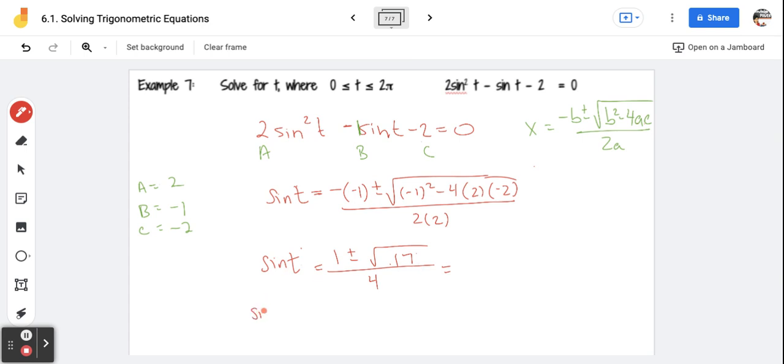The sine of t equals 1 plus the square root of 17 over 4, which is 1.28. And then the other option is the sine of t can be 1 minus the square root of 17, and then divide that by 4. We get negative 0.78.